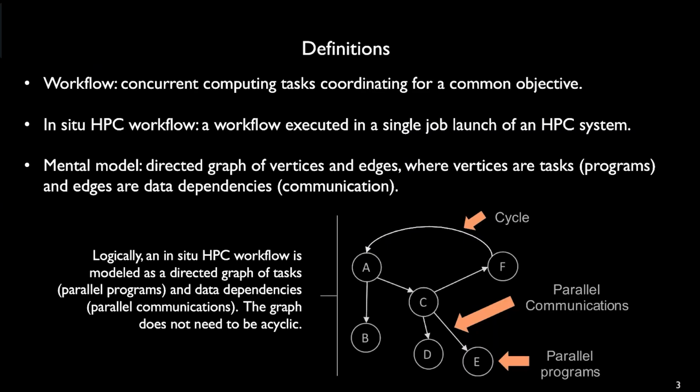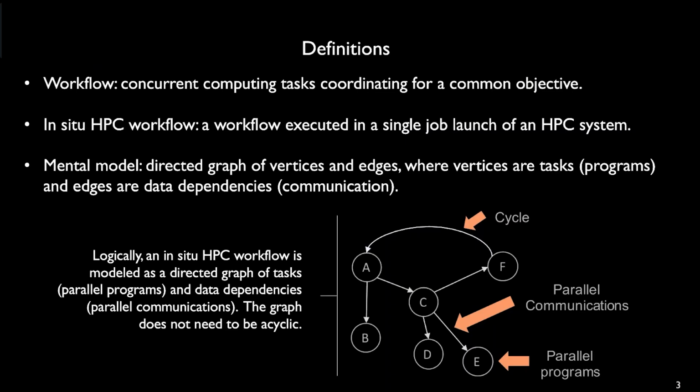And mentally, we can think of that workflow as this directed graph that you see where the vertices are the codes or the executables. We call them tasks, but these are full programs. And the edges are the data dependencies or the data transfer or the communication between them. And note too that this can have cycles. It's directed. It doesn't have to be acyclic, so there can be feedback as well.